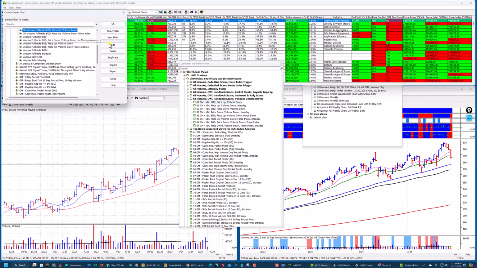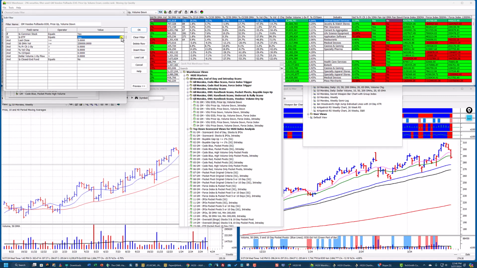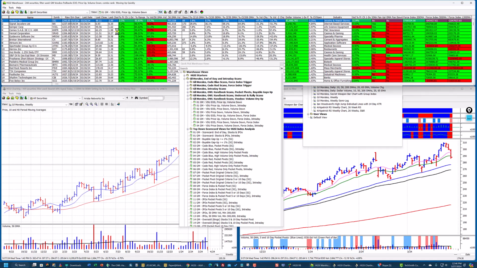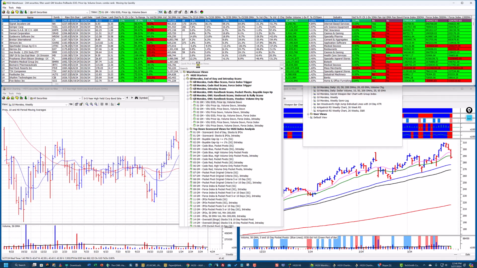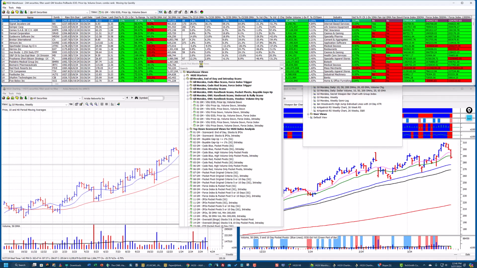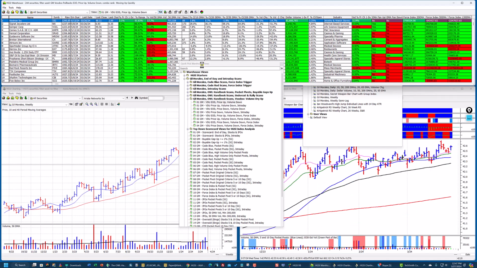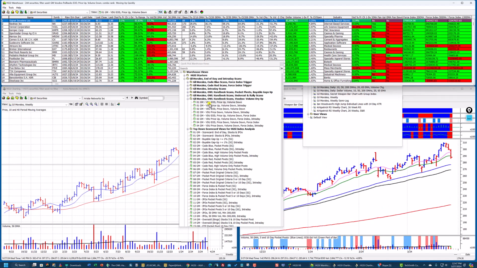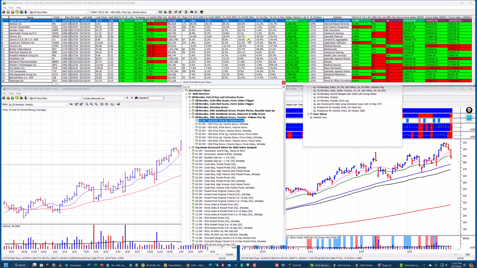Let's see what I have in the filter here. Both of these, you're going to have to go in and change that to no if you just want stocks. Okay, it's updating again. So the volume dried up compared to the prior days.